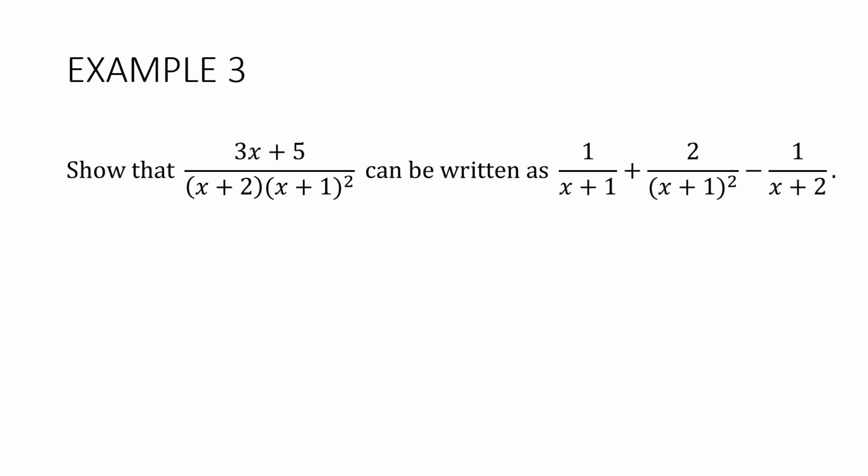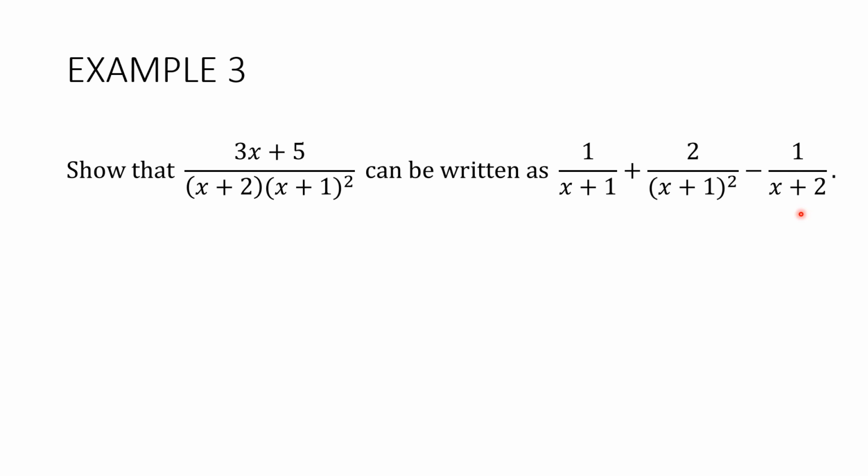Example 3. Show that 3x plus 5 all over x plus 2 multiplied by x plus 1 all squared can be written as 1 over x plus 1 plus 2 over x plus 1 all squared minus 1 over x plus 2. Now you can see this is a repeated linear factor, and we do have a term that has x plus 1 all squared on the denominator, and we've also got one that has x plus 2.